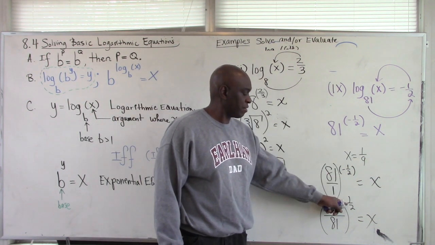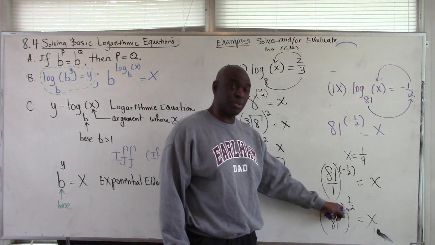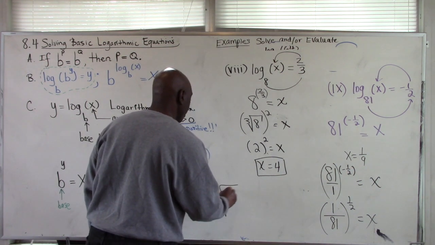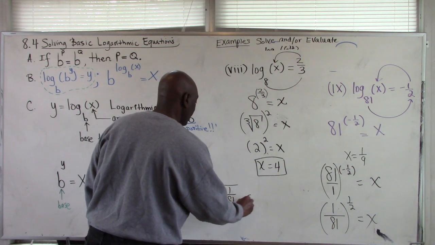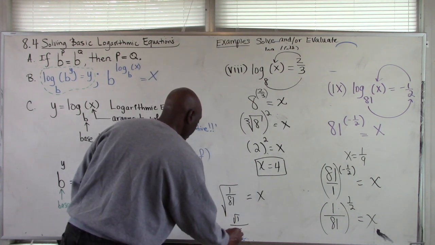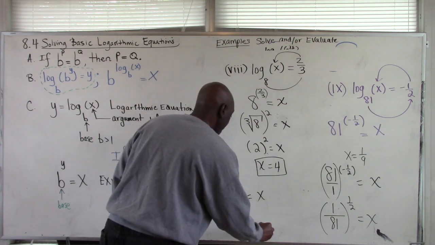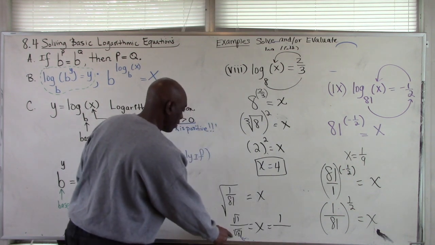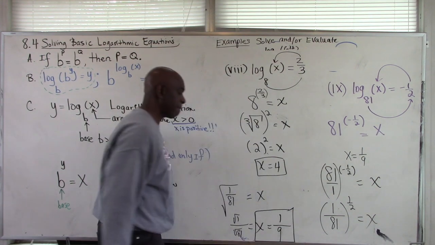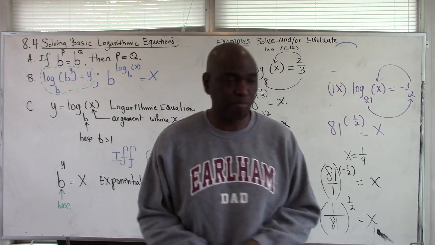Now my power is positive, and I have the reciprocal of 81 over 1, which is now 1 over 81. 1/2, we said a long time ago, represents the square root. So now I have the square root of 1 over 81 equaling x, which is the square root of 1 over the square root of 81 equals x. The root of 1 is 1, and the root of 81 is 9, so we get x equals 1/9. And that's why. But the calculator gives it to you just like that.